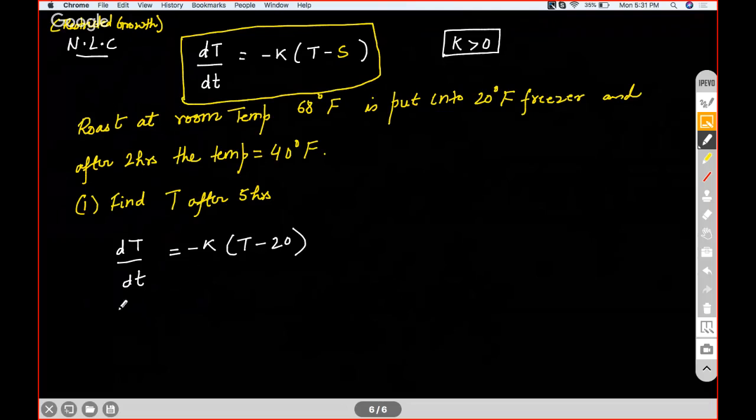Is it fine, Shreya? Yeah, that's what I wrote. Can we do this then? Yeah, I did that. Can we integrate it?